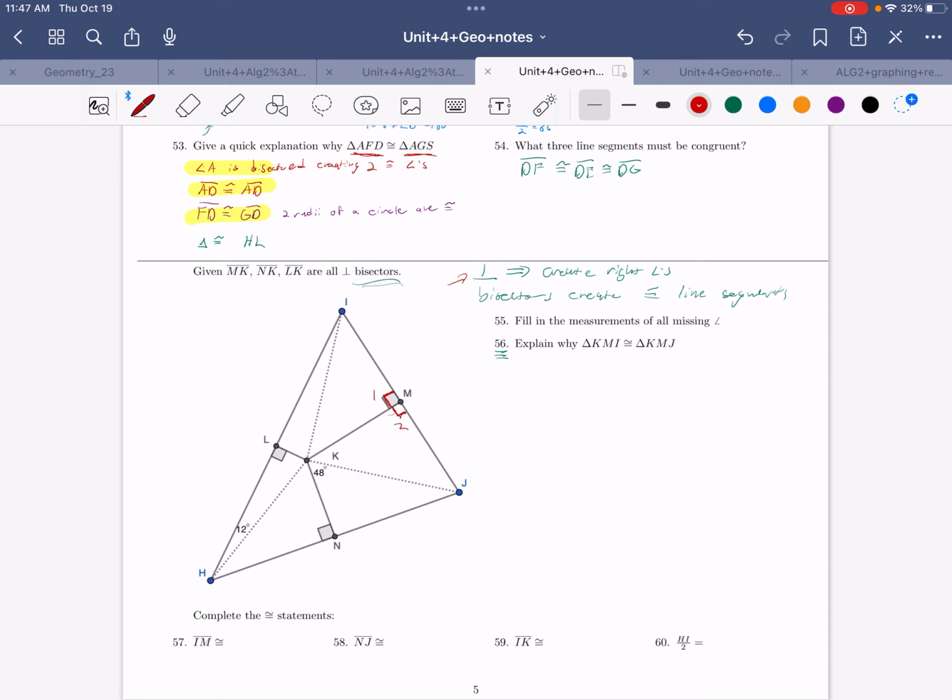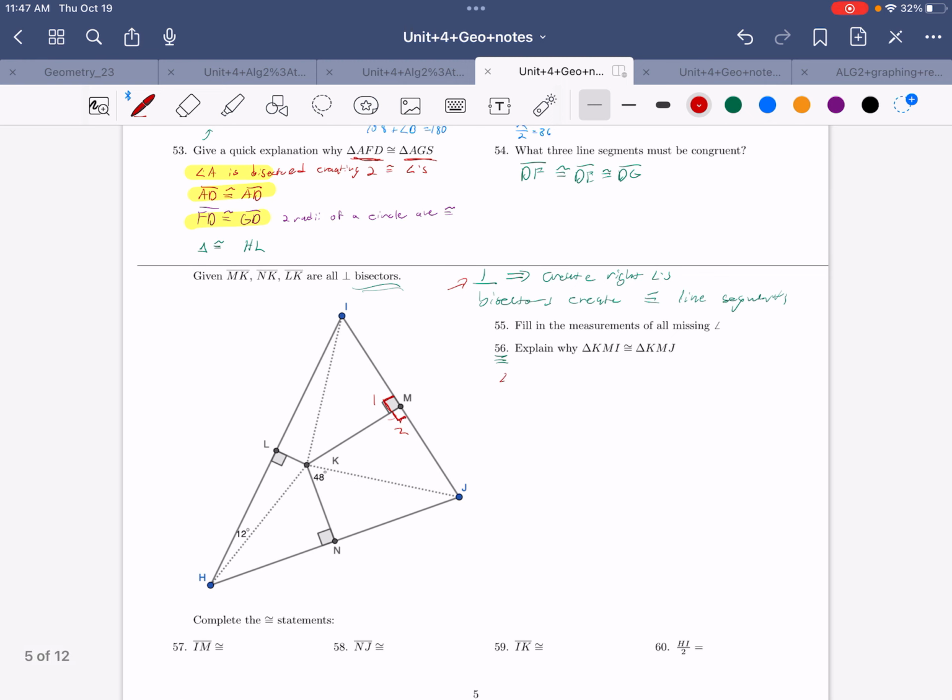So if I name these, we can just say, look, angle 1 is congruent to angle 2 because they are both right angles, formed from perpendicular lines. We know this thing is a perpendicular bisector, so those have to be congruent there.